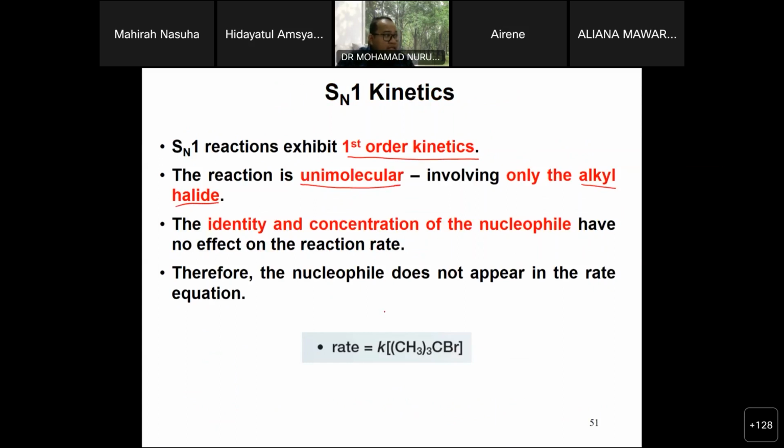So you can write the rate equation and answer any question asked: rate equals k times the concentration of alkyl halide.